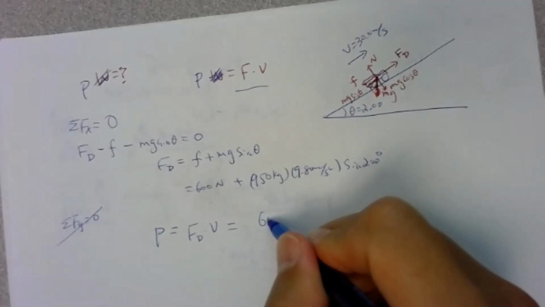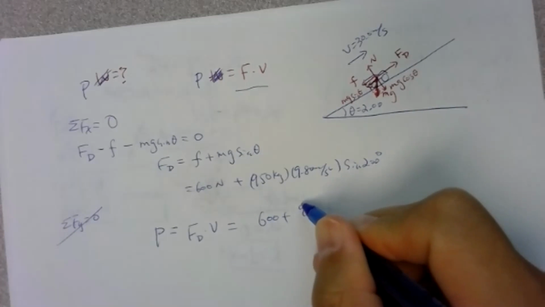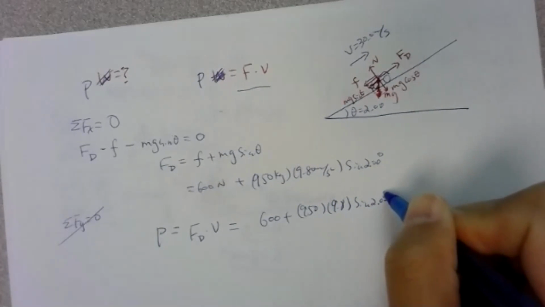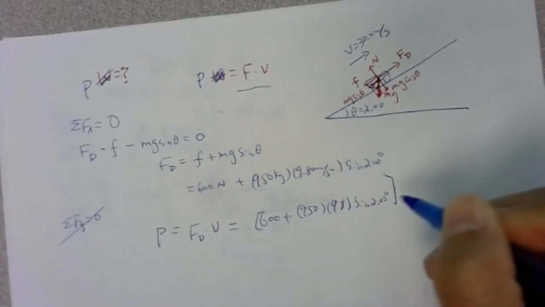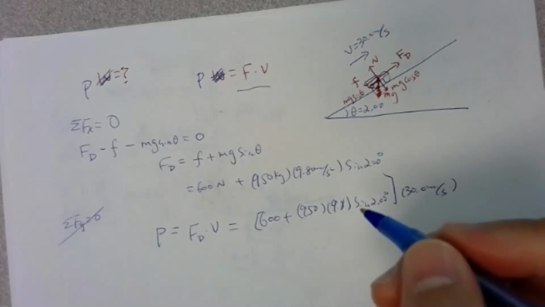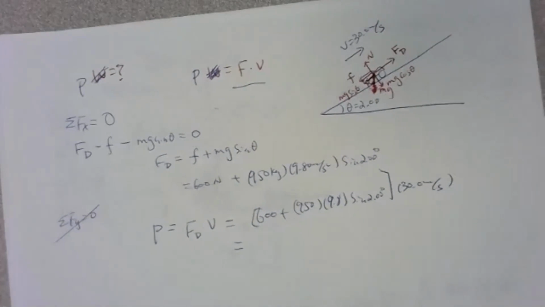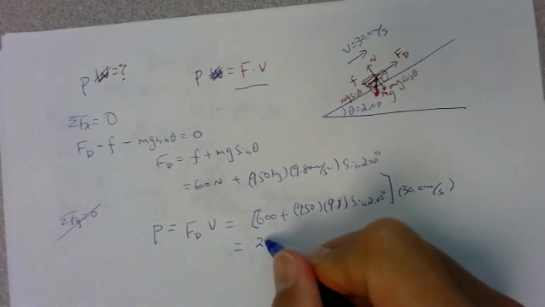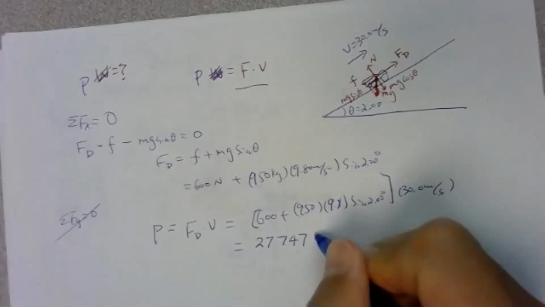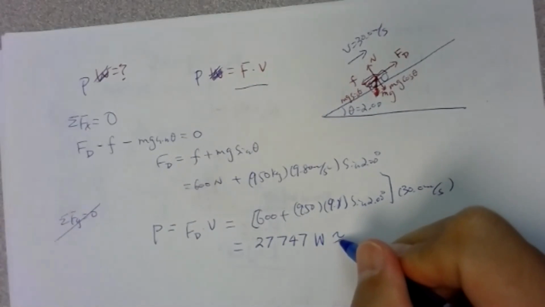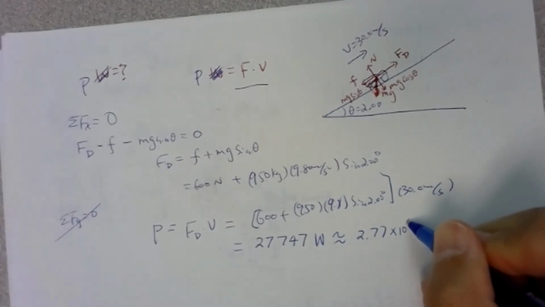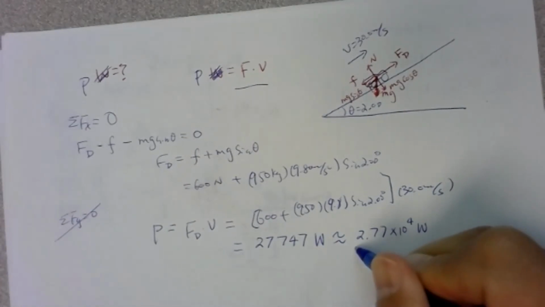So it's basically 600 plus 950 times 9.8 times sine 2 degrees, and then multiply by the 30 meters per second. That gives you the power, which is 27,747 watts. Roughly, you can write it in scientific notation as 2.77 times 10 to the fourth watts.